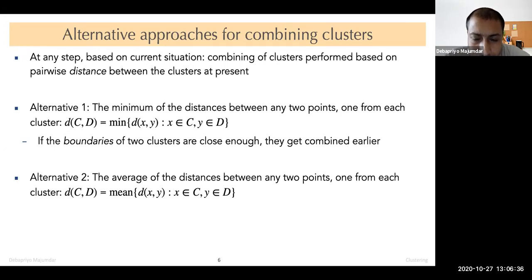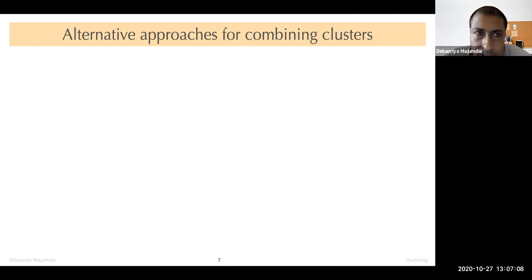Intuitively, this is closer to the centroid approach. Essentially, you are taking into account all pairs of distances from one cluster to the other, computing the pairwise average distance between two clusters, and then combining the pair with the minimum distance. So these were two alternatives for computing some function based on the current situation.